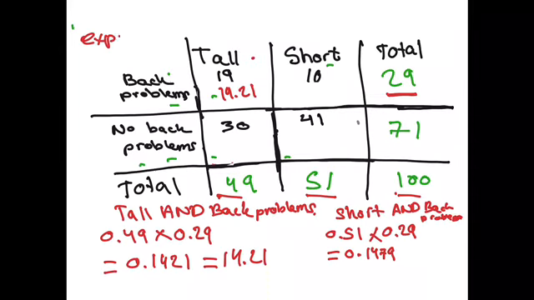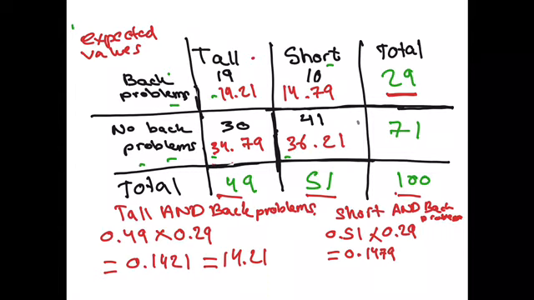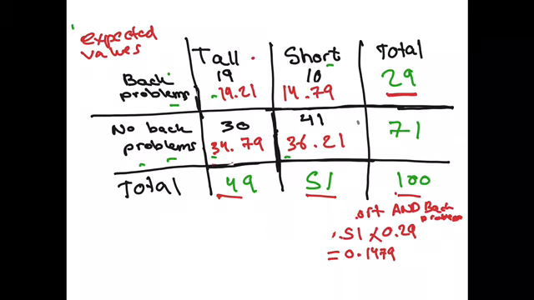Remember that these are all our expected values. Therefore, there are 14.79 people expected to be short with back problems. If we do the same thing for the rest of the expected values, we get 34.79 for tall people with no back problems, and 36.21 for short people with no back problems. Seems easy enough. So now we need to calculate our actual chi-squared value.